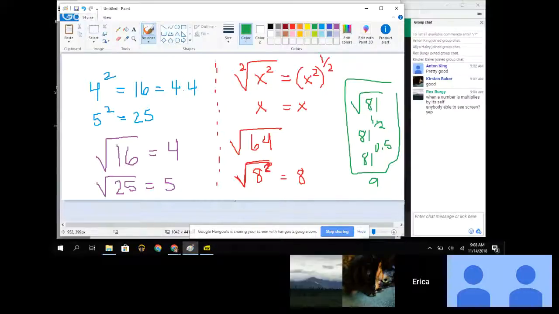Just a side note about square roots: you might not know that it means to the 1/2 power.